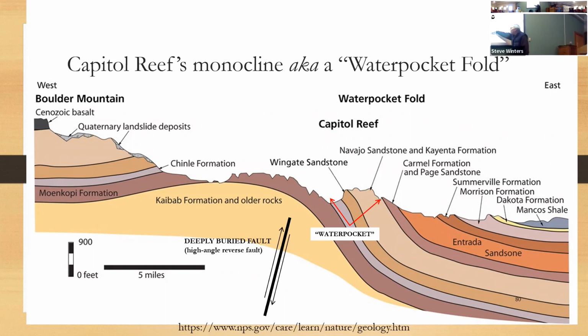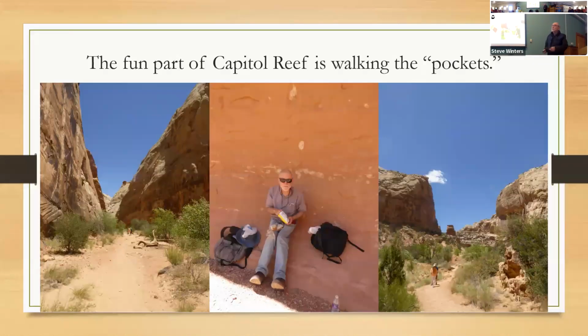This rock goes down, this rock comes up, and produces a fold in those rocks. These little pockets are places you can explore, because they are very long, linearly long. You're within the same formation, and you can look at beautiful rock cliffs on either side. So that's what we did. We would walk down these pockets.